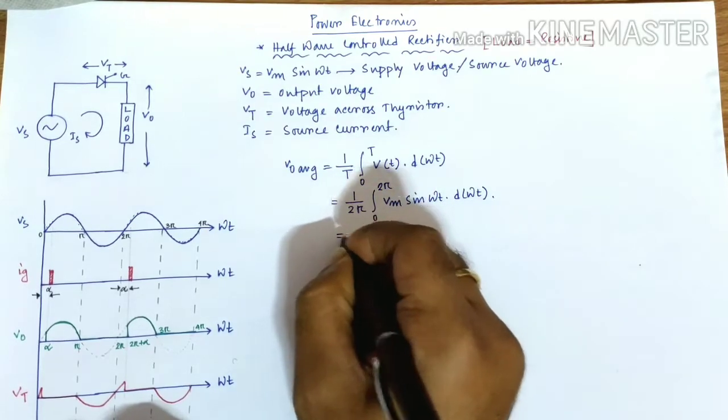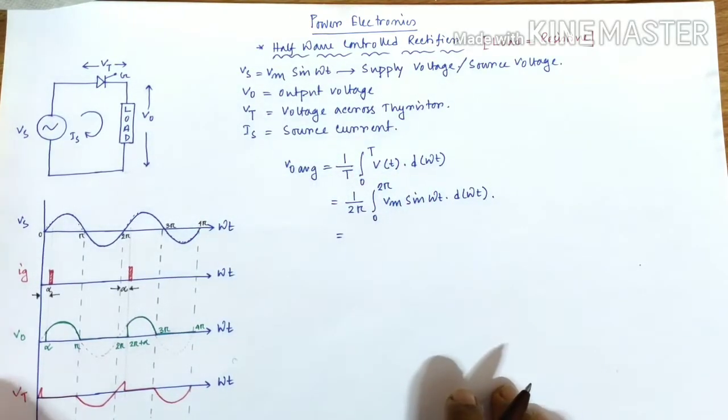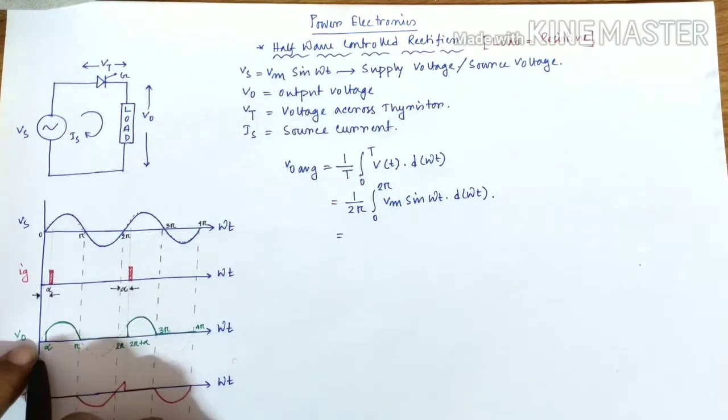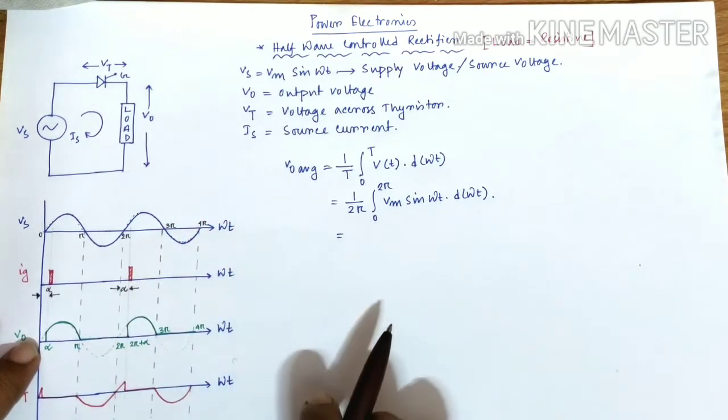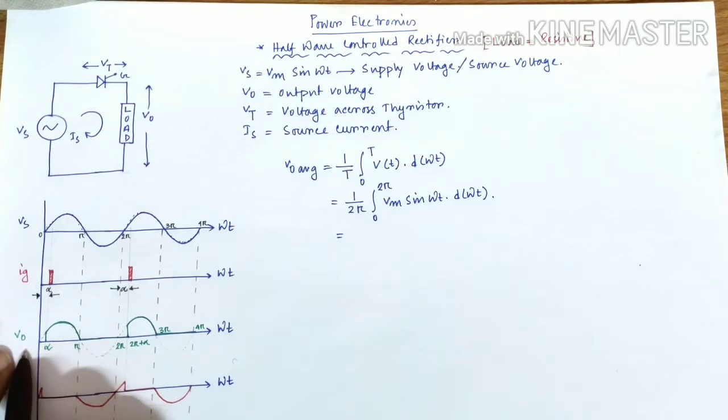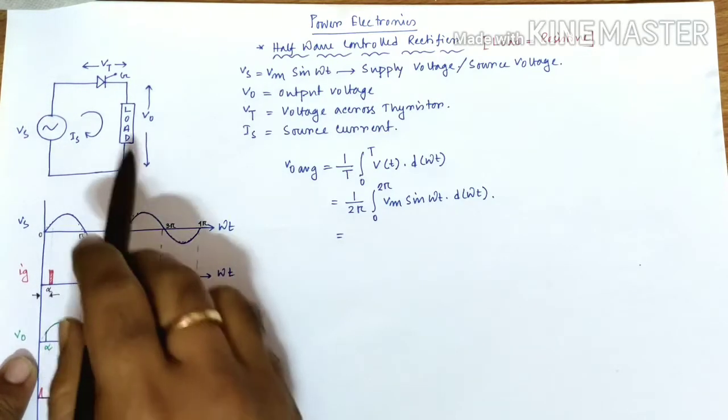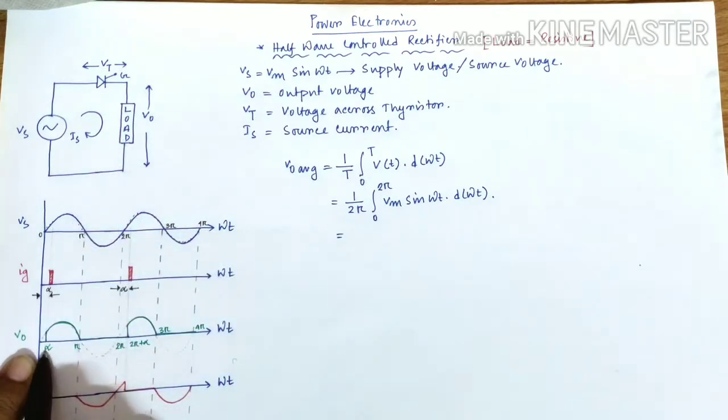Now if we look at the diagram, though the time period is from 0 to 2 pi, for what time period are we actually getting the output? My V naught diagram says I will get the output during the alpha to pi angle only. I am repeating it once again: the output voltage appears during alpha to pi, in this region only.